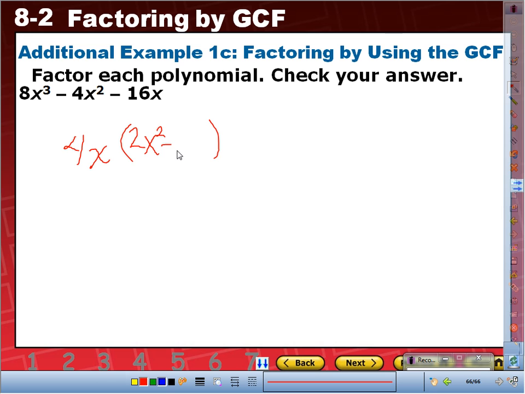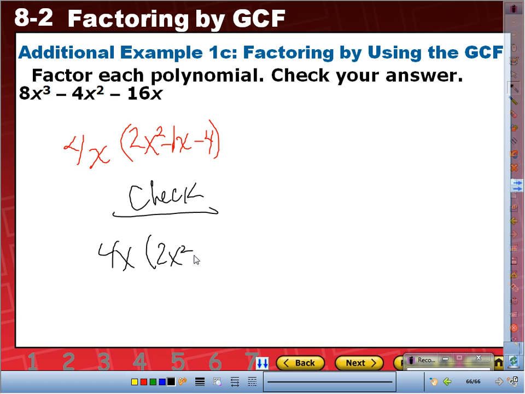Negative 1x. What is negative 16x divided by 4x? Negative 4. And let's check to see if it's true. We got 4x times 2x squared minus 1x minus 4.